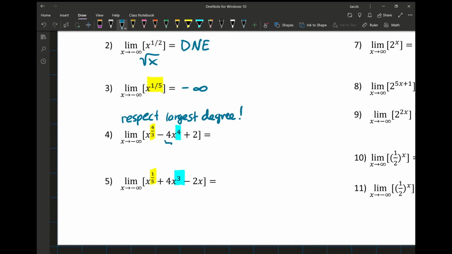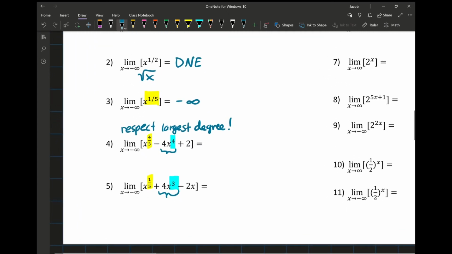Because this term, negative 4x to the 4th and 4x cubed, they have the leading coefficient because it matches the largest degree. So these are actually not radical problems, they are polynomial problems where we follow the polynomial end behavior.